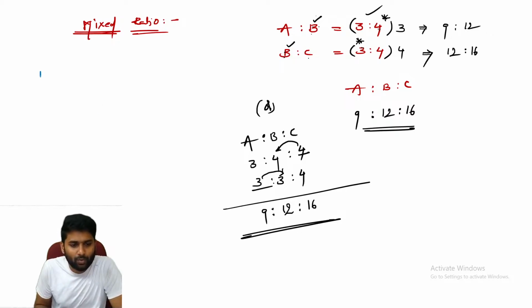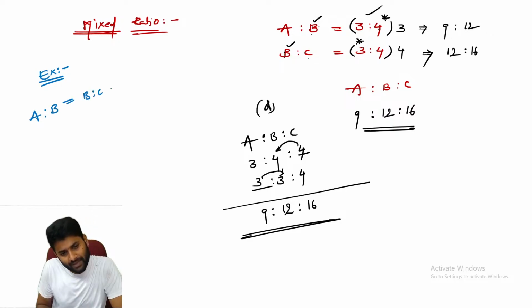Okay. Let me give one example. You guys tell me and post your answer in the comment section. If A is to B is equal to B is to C is equal to 4 is to 5. Can anyone tell me that in comment section?